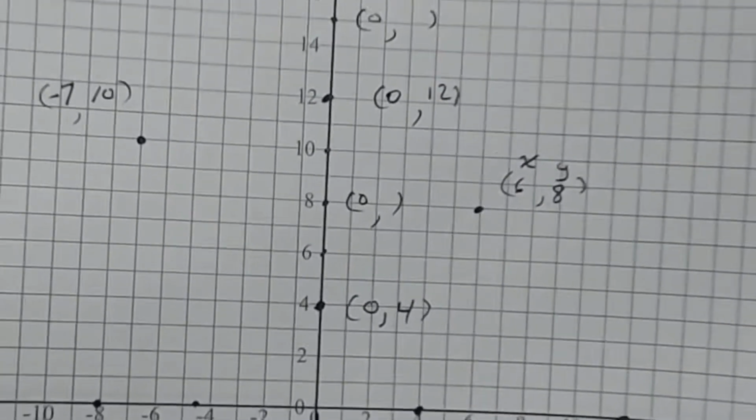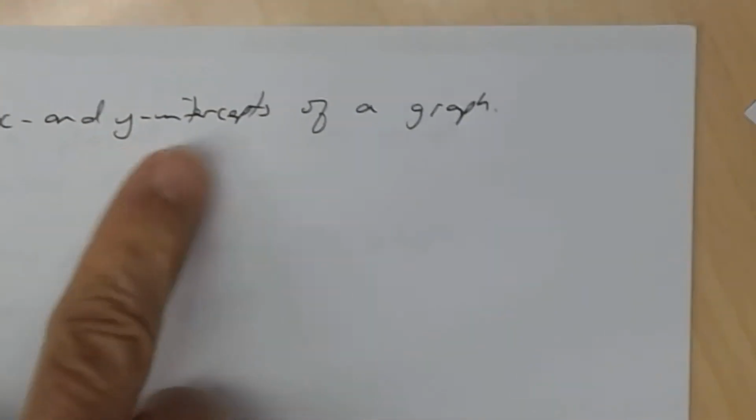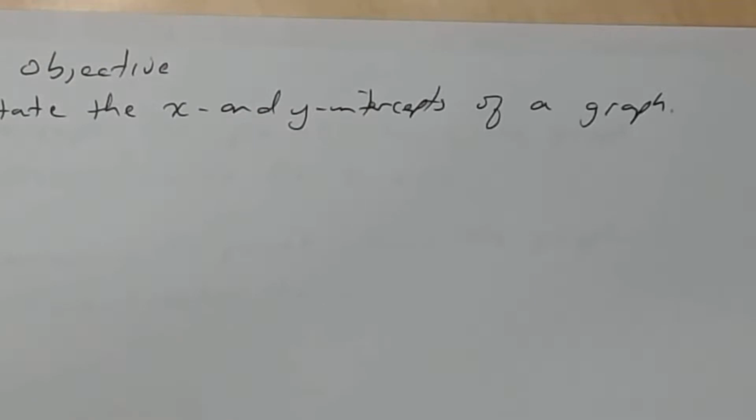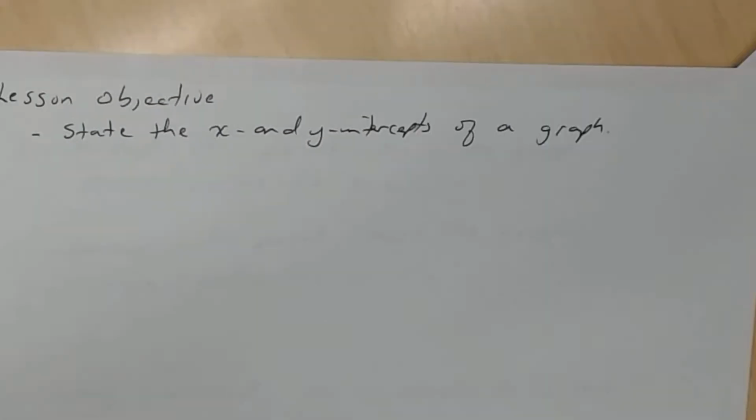Okay? All right, now that's going to take us to a couple of definitions. So this was a quick review about plotting points and labeling points. Since we are interested in stating the x and y intercepts of a graph, let's talk about definitions of what an intercept is.